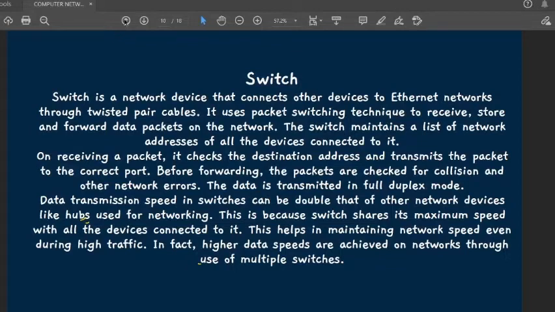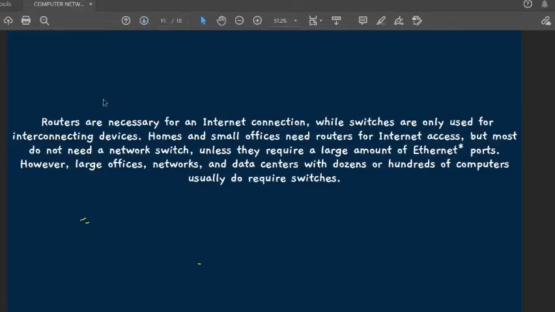Here I have already given the explanation. If you have listened so far, you must know where to use the router. The router also provides the ISP connection, that is, it also provides the network part. Routers are necessary for an internet connection.